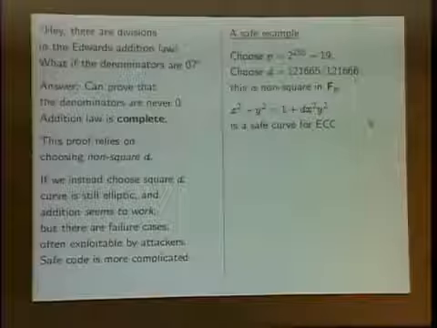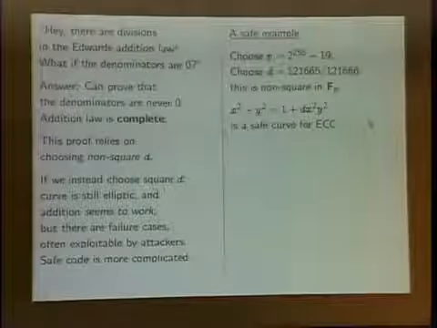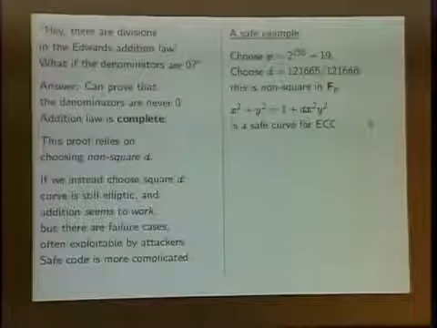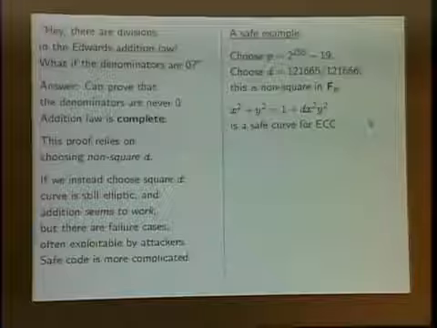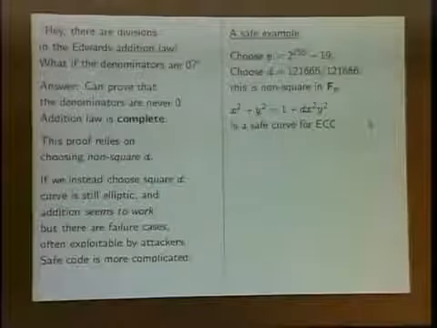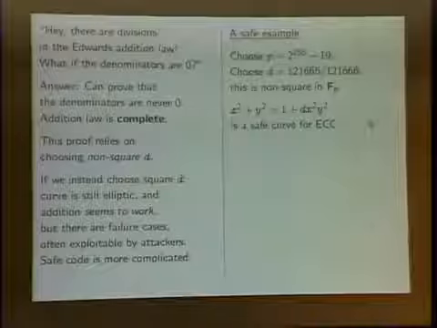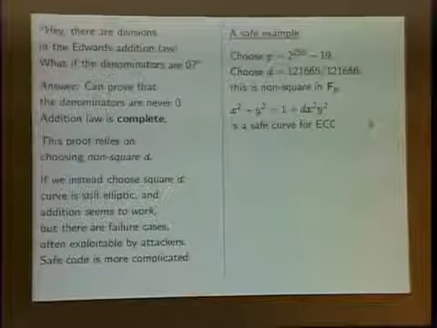This thing you can test is not a square in the integers mod this prime, and then the curve x squared plus y squared equals 1 plus this d x squared y squared is a safe curve for elliptic curve cryptography. Everything we know, this curve is good.